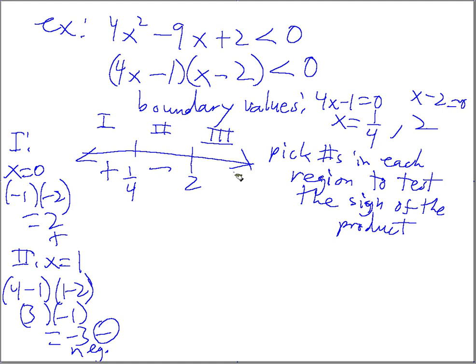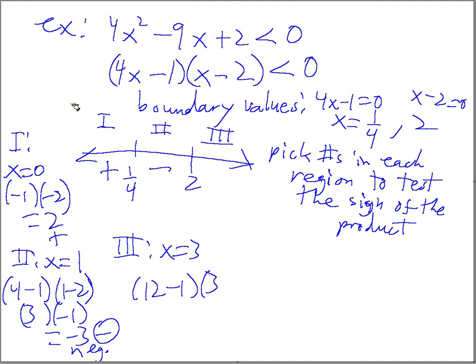Give me a number in here. Well, again, let's pick 3. So for region 3, I'm going to let x be the number 3, which is bigger than 2. Let's plug it in again. 4 times 3 is 12, right? So 12 minus 1 times 3 minus 2.